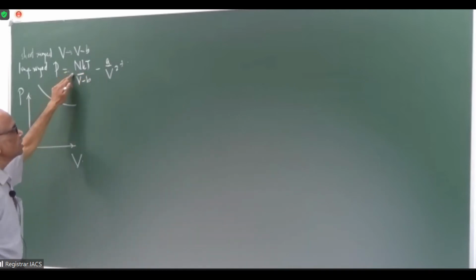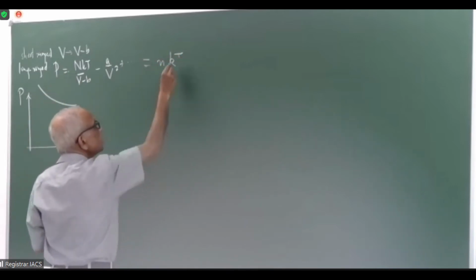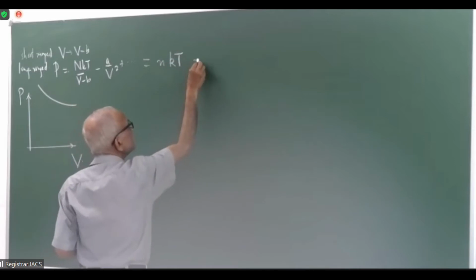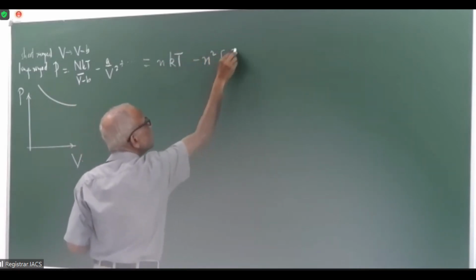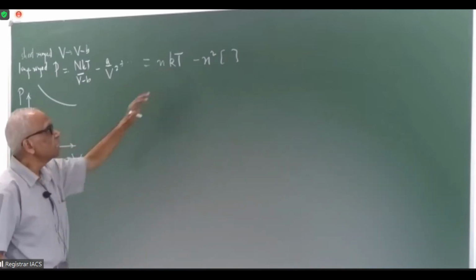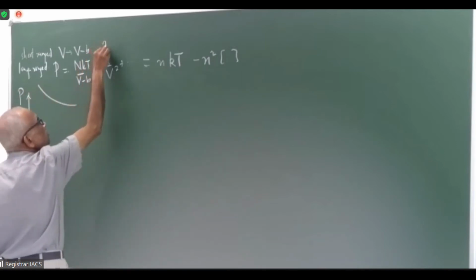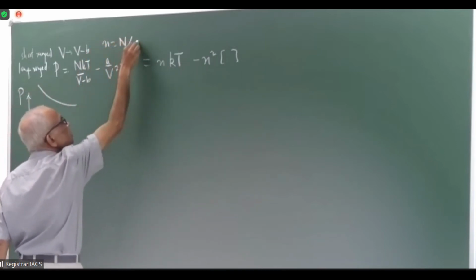This is the density, equal to nkT, that's the number density. The next term is like n squared. And if it is a really dilute gas, then you go with nkT times the number density n over V.